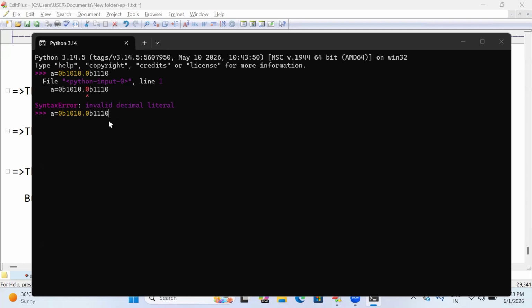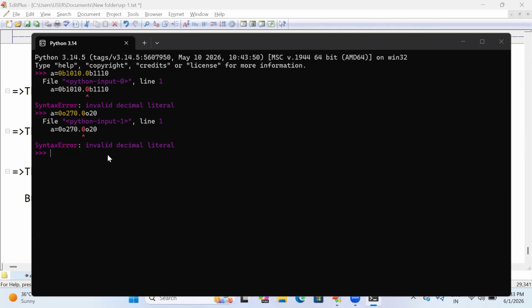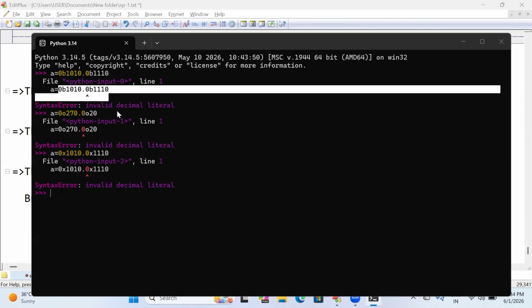Let us see whether it allows octal or not. It throws an error, right? Syntax error, invalid decimal literal. Now we try to store a hexadecimal, and it also throws a syntax error. Float allows only the decimal number system, not hexadecimal, octal, or binary.